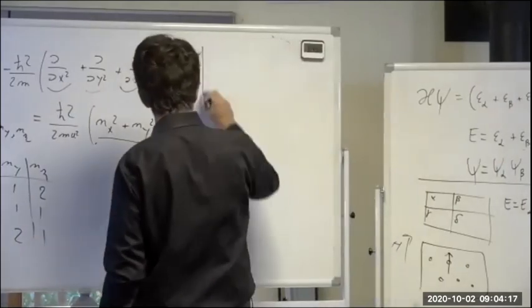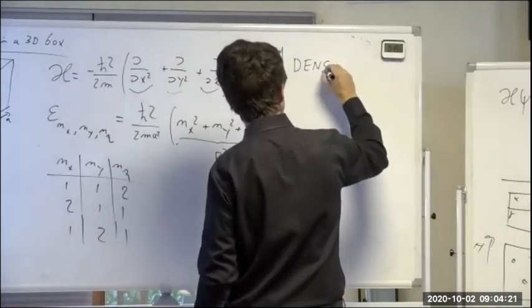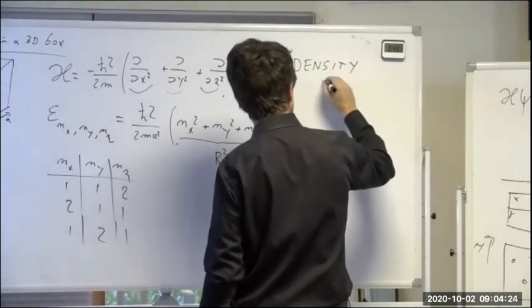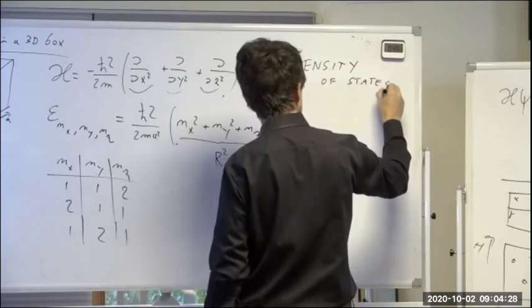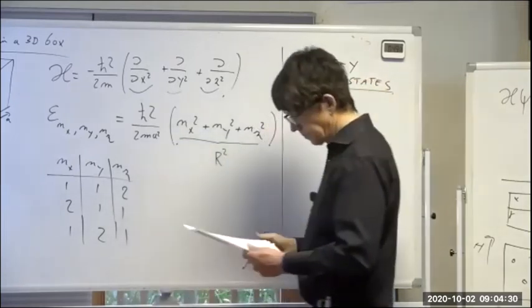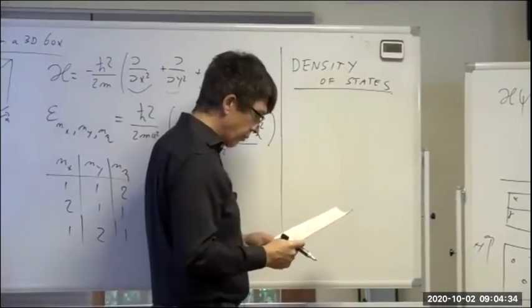And so to measure the number of states, we define a quantity called the density of states. And the density of states is formally defined as a derivative.